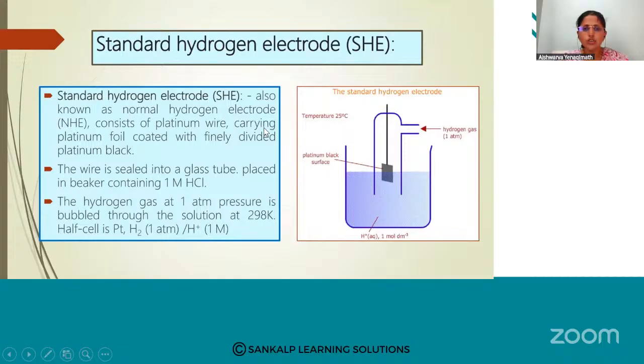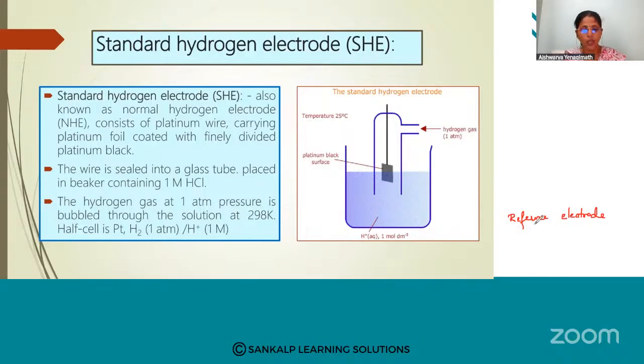It consists of this glass tube. This is actually a reference electrode, because we use it as a reference. We'll come to know why it is a reference electrode. With its help we can determine the electrode potentials or reduction potentials of the half cells.